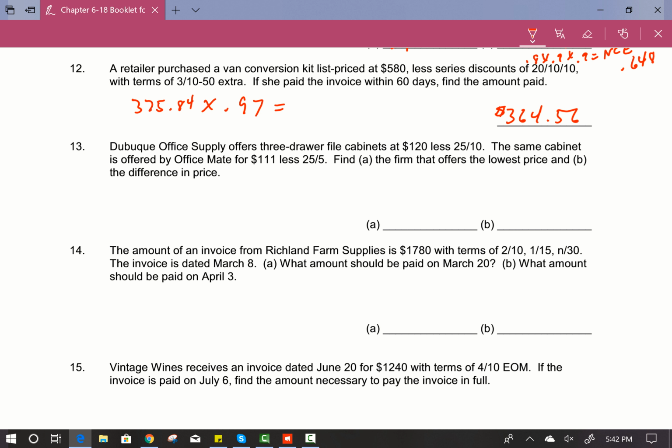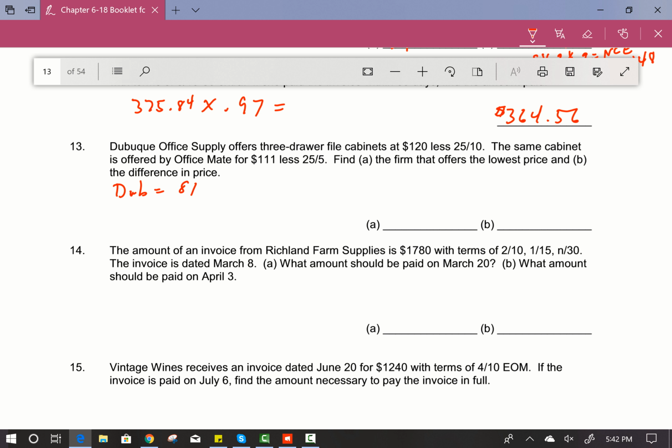So the first one, I'm just going to take 120 times the complement of 25, which is 0.75, times the complement of 10, which is 0.9, and the net price is $81 by Dubuque. Then I'm going to look at OfficeMate.